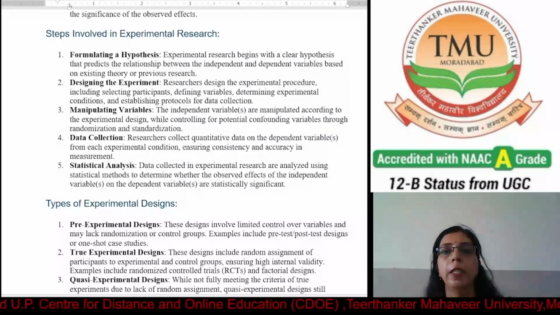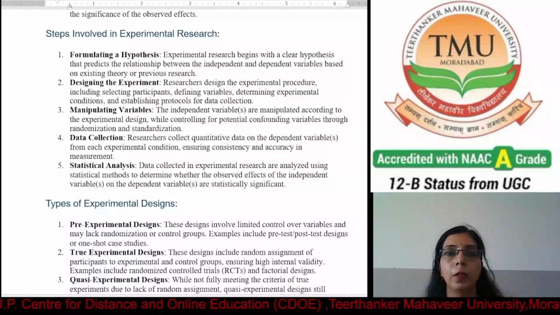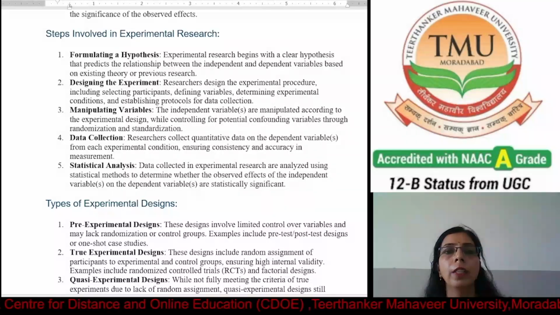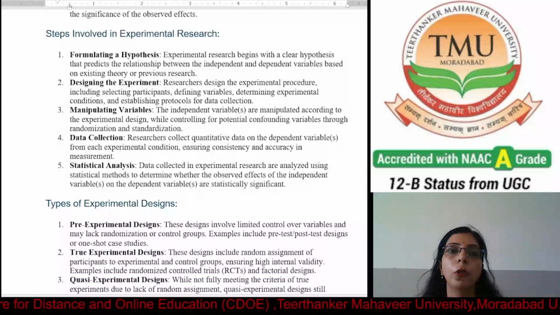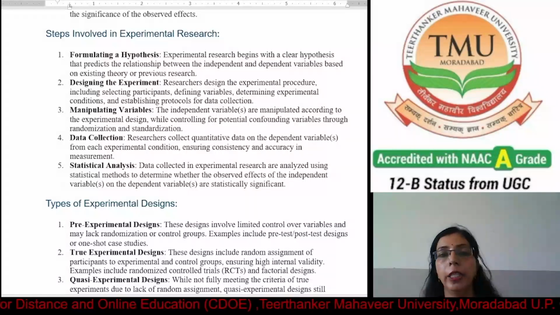Types of experimental design. We know that the researcher applies certain controls or checks to parcel out the effect of intervening variables.